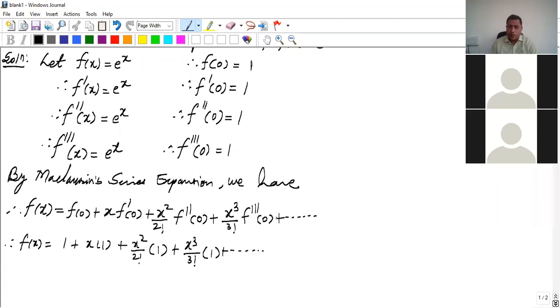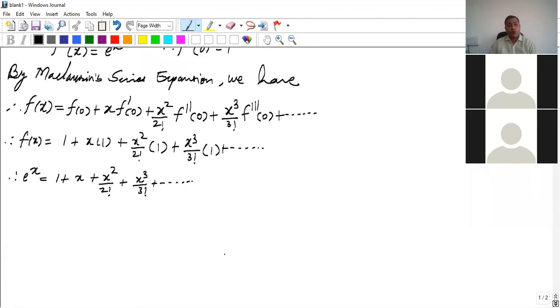See, these plus dot dot dots are very important, because the derivatives of this function exist, but we have not calculated them. That means there are terms which exist, but we have not written here. Hence we can write e raised to x is equal to 1 plus x plus x square by 2 factorial plus x cube by 3 factorial and so on.